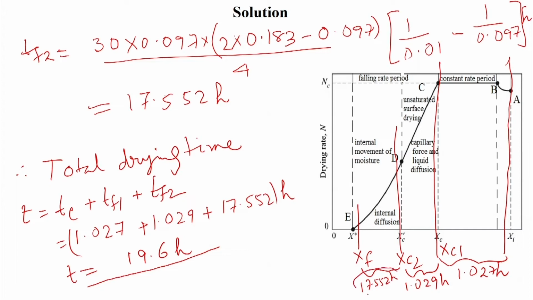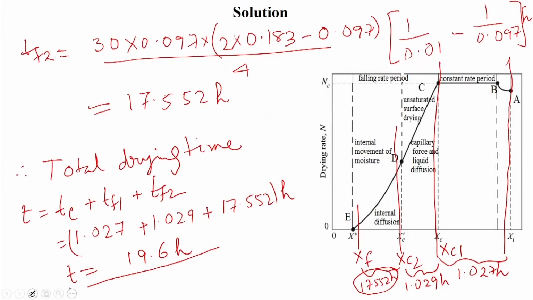So, at the end the drying rate actually becomes very slow, and due to the less driving force it takes more time, whereas the total time is 19.6 hours.